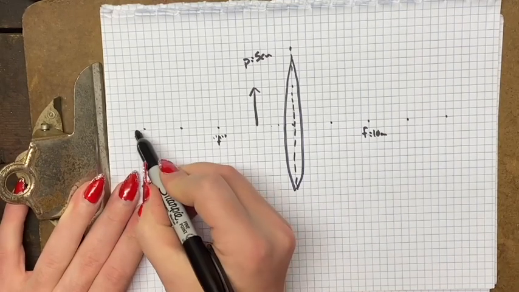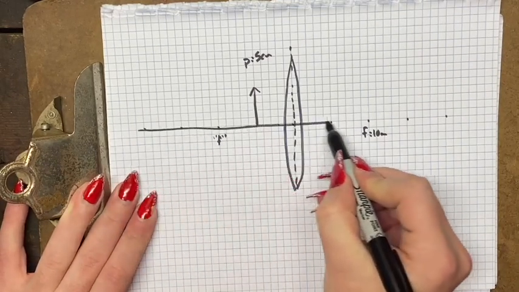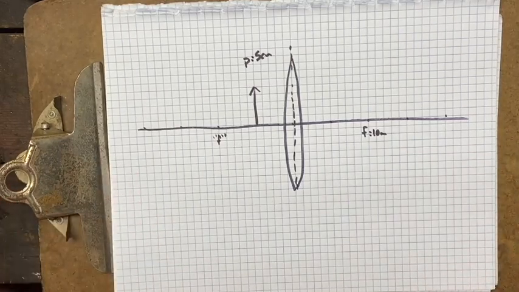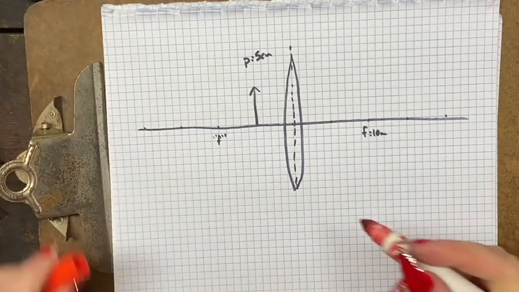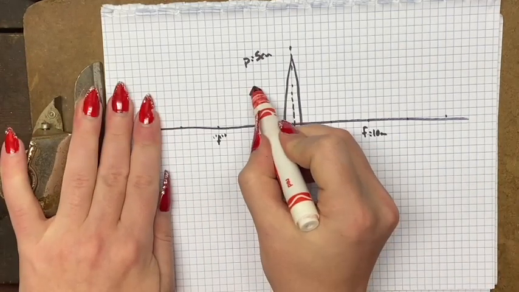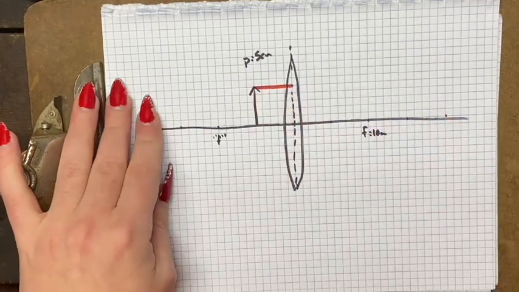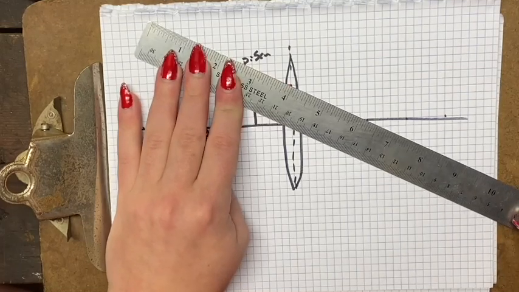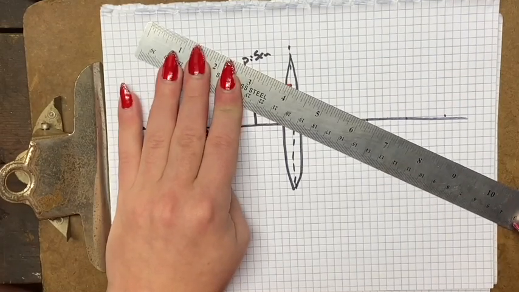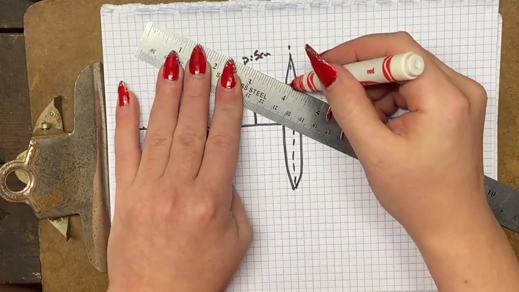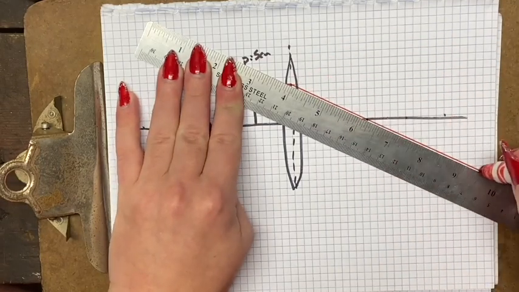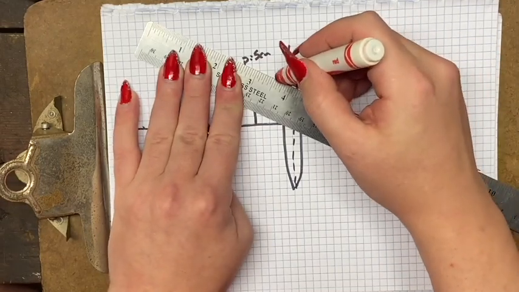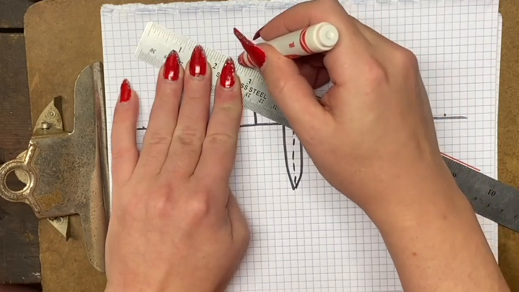Before we do any of the calculations, let's do the predictions. So we want to come in flat and then transmit, refract, whatever we want to call it, through the focal point. And I've got some intuition about this one because we've done this with the mirror. There's a good chance this is going to end up being diverging overall.